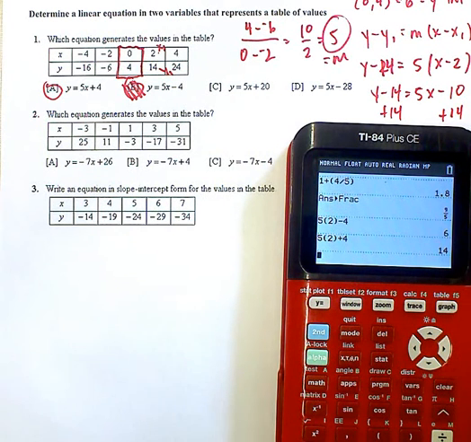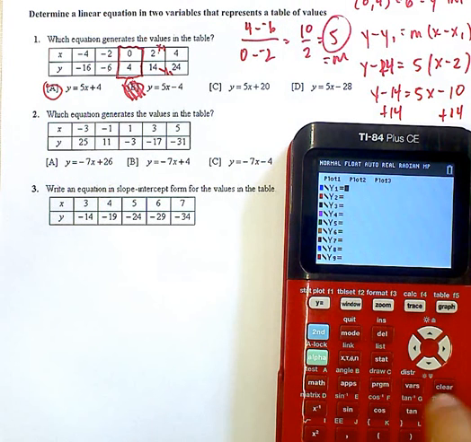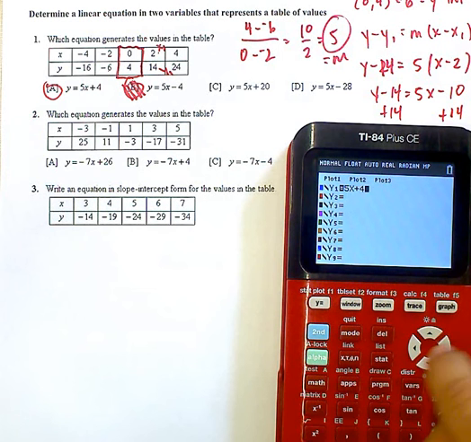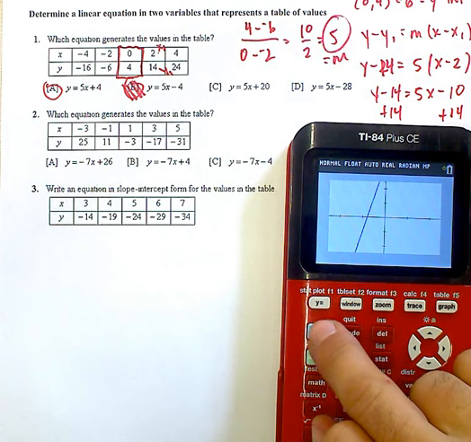All right, and then I could also graph each of these. You can actually graph 2 lines at a time. 5x plus 4, let's evaluate 5x minus 4, and we could graph both. And they'll actually give you a table for both too. There's my other line.